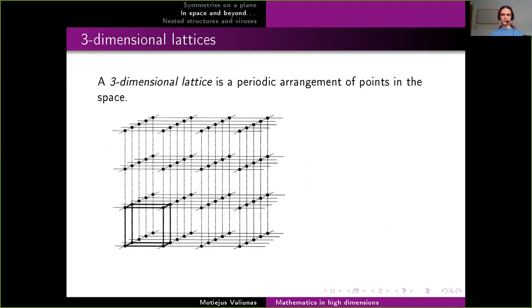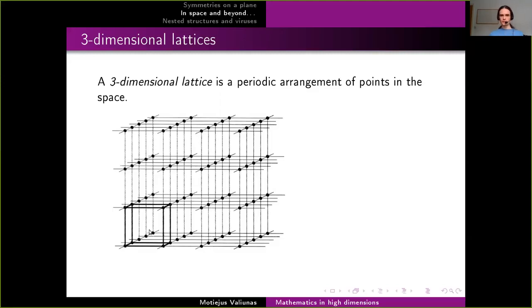And then in this case, you can move things in three directions, so that doesn't change. If you move something one unit left, or one unit right, it doesn't change. Or you move it one unit up, it doesn't change. And you can also move forwards and backwards.